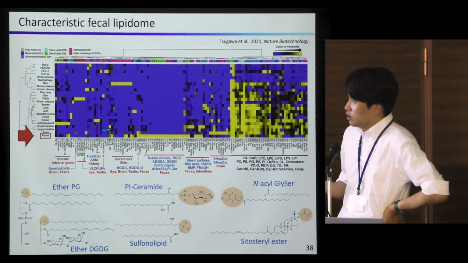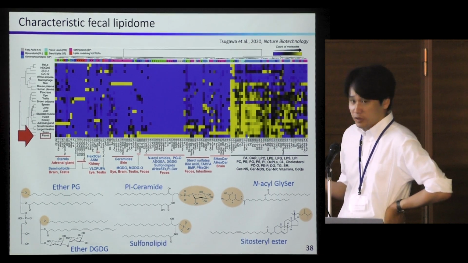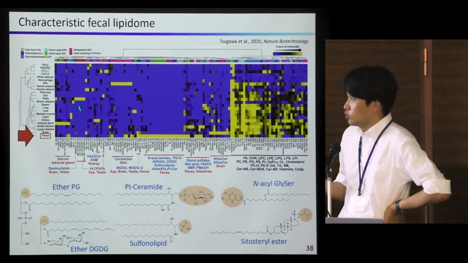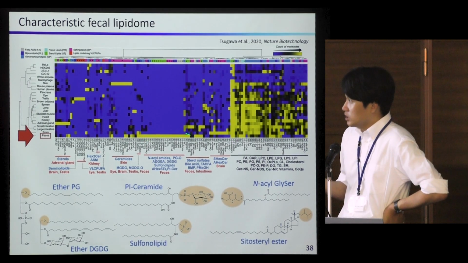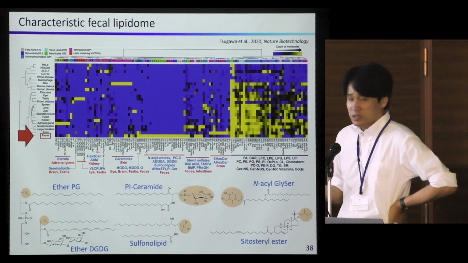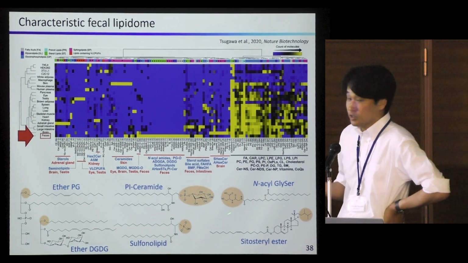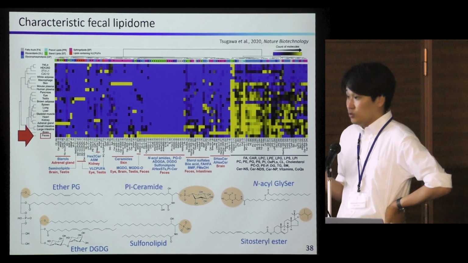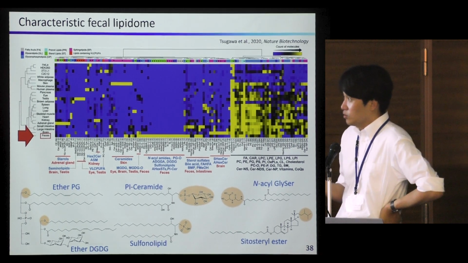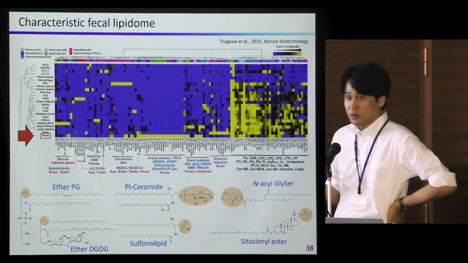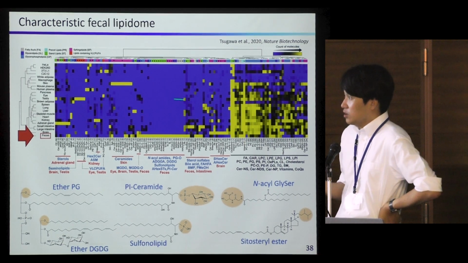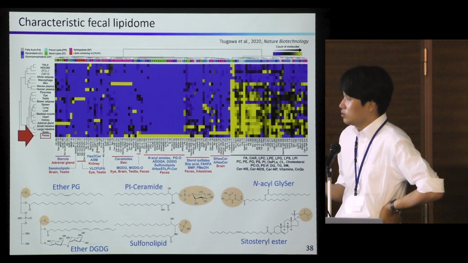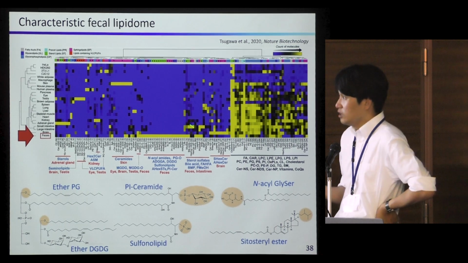As you can see here, the feces profile is totally different from other samples. And these molecules only exist in feces, and these are some examples. So we need to profile the lipids not only for these common samples. We need to perform untargeted analysis to capture these unique lipids.